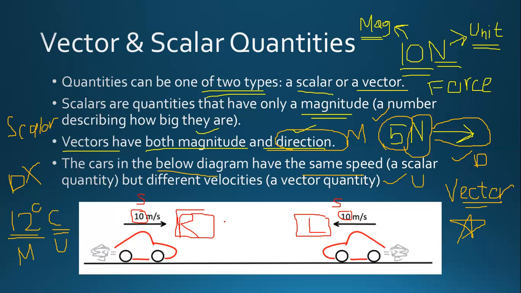इसीलिए speed को हम scalar में speed ही कहते हैं, and when we talk about vector quantity, we call speed velocity. So the cars have the same speed. दोनों की जो speed है वो क्या है? 10. But दोनों की जो velocity है, velocity is different. One of them is 10 meter per second towards right, and the other one is 10 meter per second towards left.